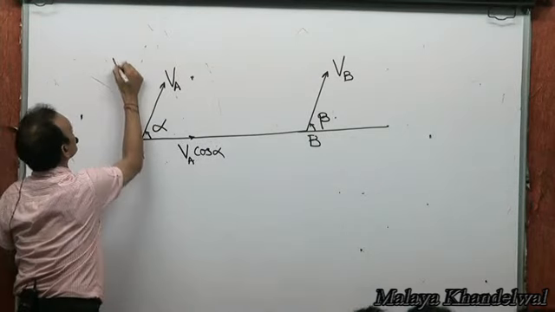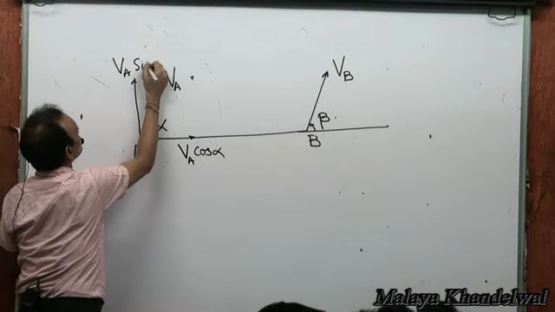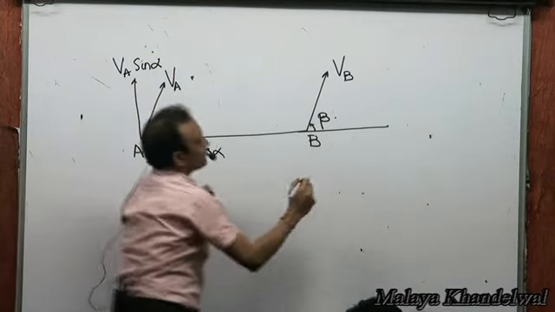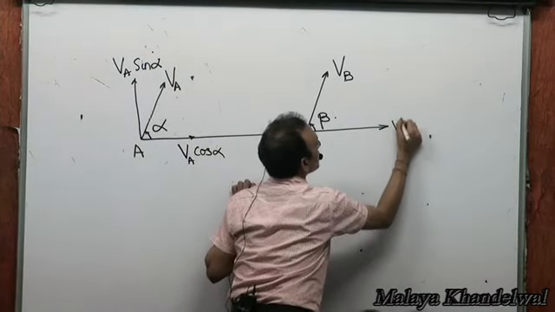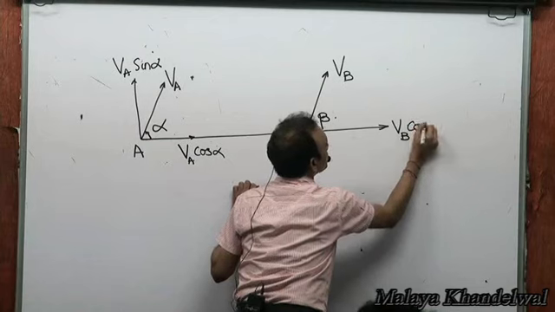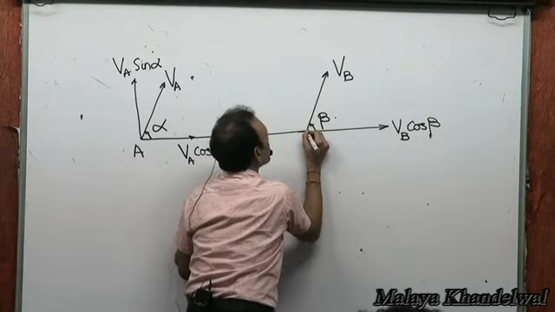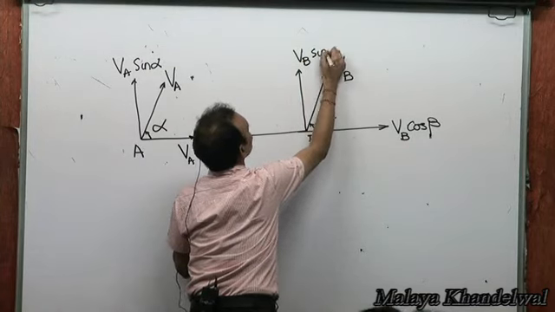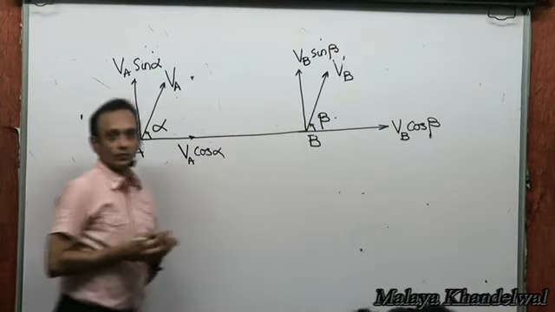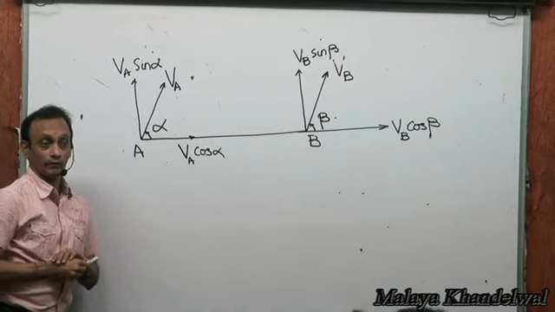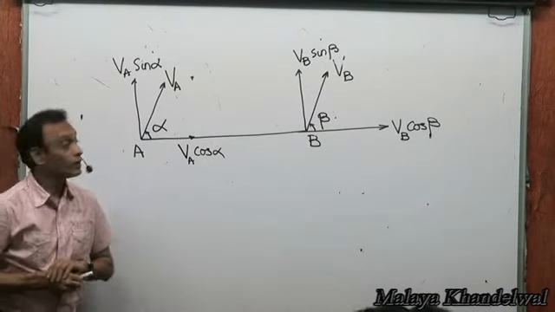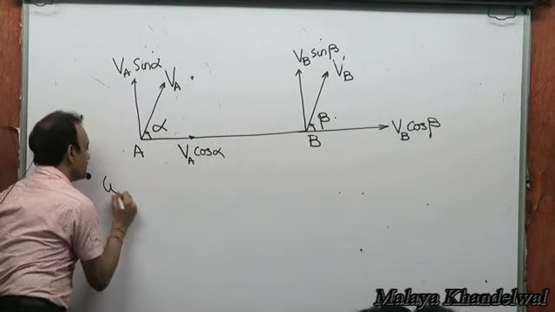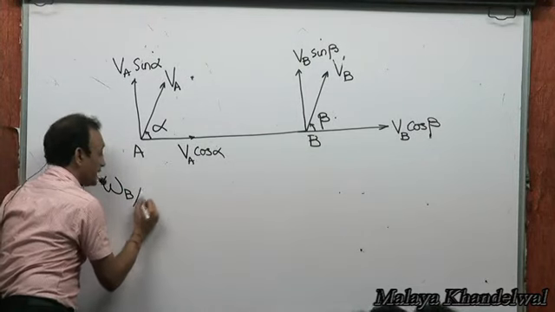Perpendicular to AB is VA sin alpha. Velocity of B along AB is VB cos beta, and perpendicular is VB sin beta. Yes or no? Is that all right? I now want to calculate the angular velocity of B as seen by A.